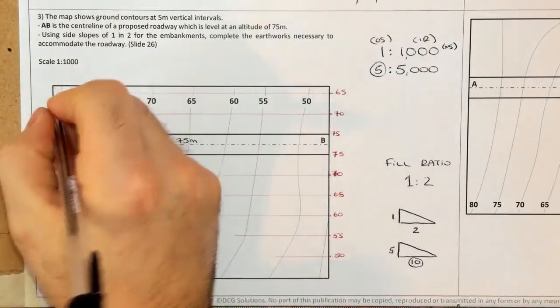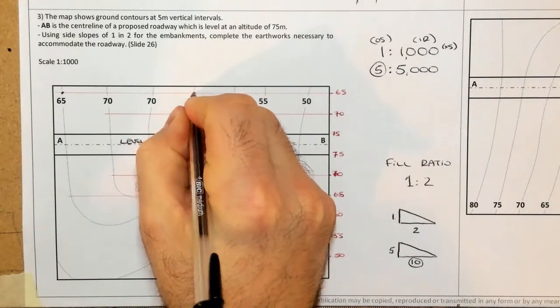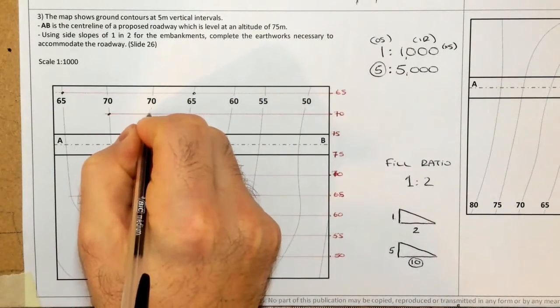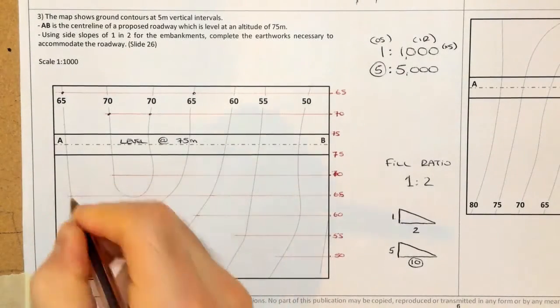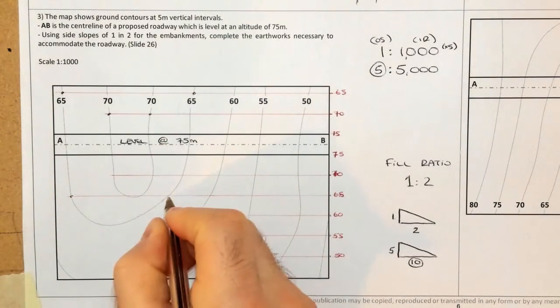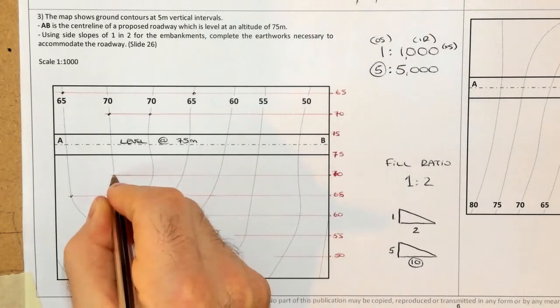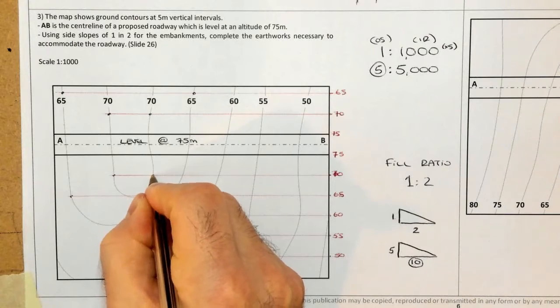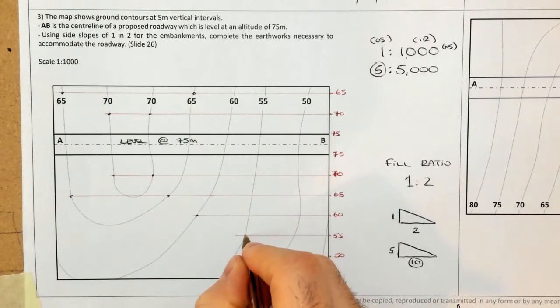So I'll do the north side of the road. So this one's at 65 and 65. Then we hit 70 and 70, and here, so 65, 65, because I can see the contours going around like this. 70, 70, 60, 55, 50.